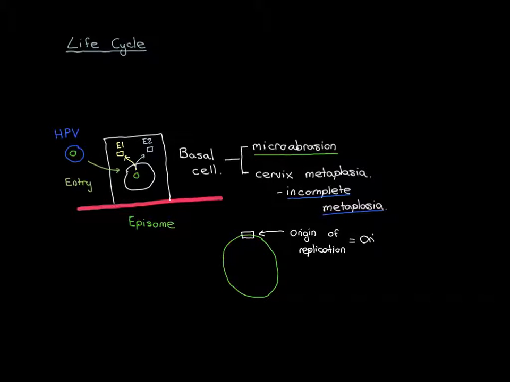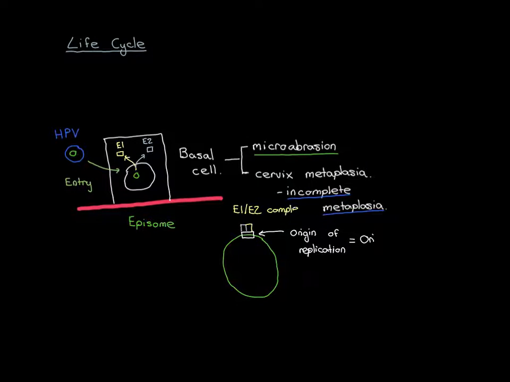So the first one to bind onto the viral origin of replication is the E2 protein, and it recruits E1. So there we go, and this then is called the E1, E2 complex.